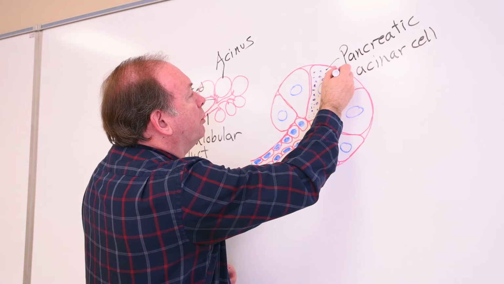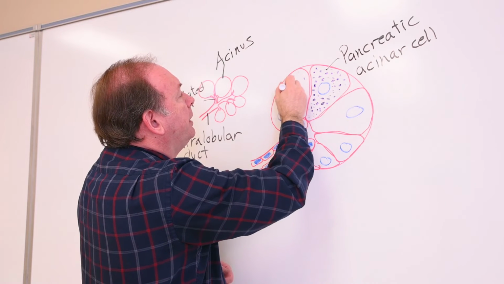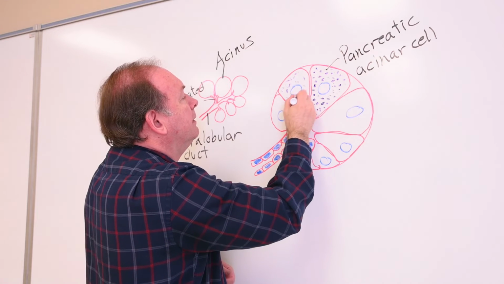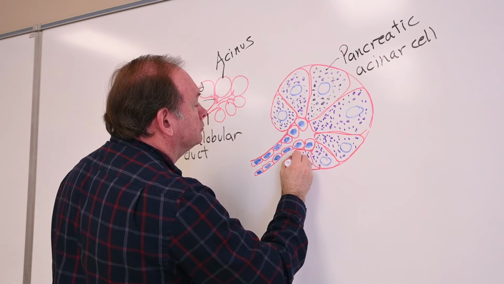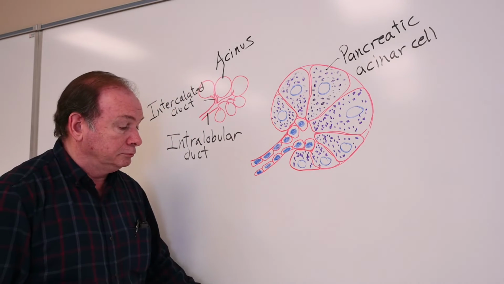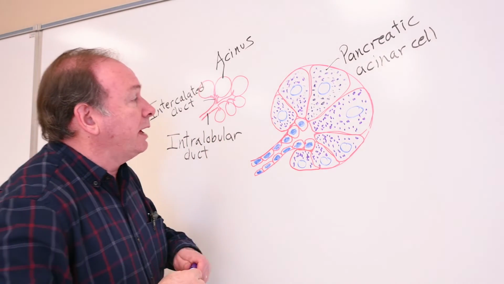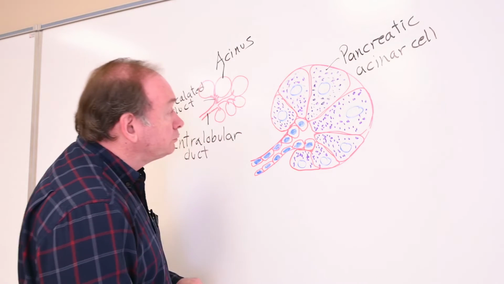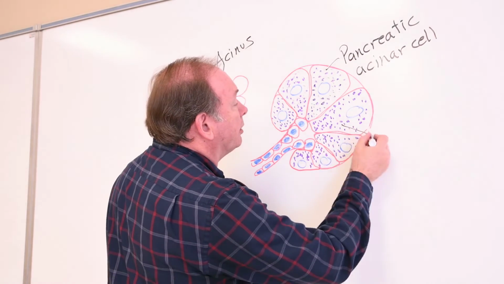In the exocrine portion of the pancreas, making up the pancreatic acini. Okay, we've put in all those secretory granules here. Go ahead and label those secretory granules.